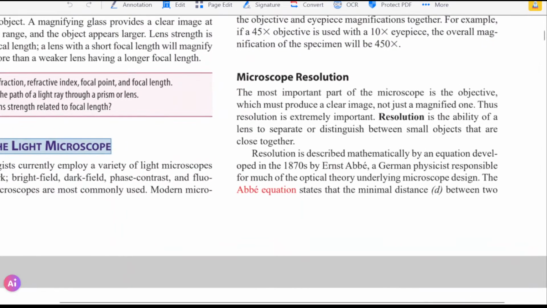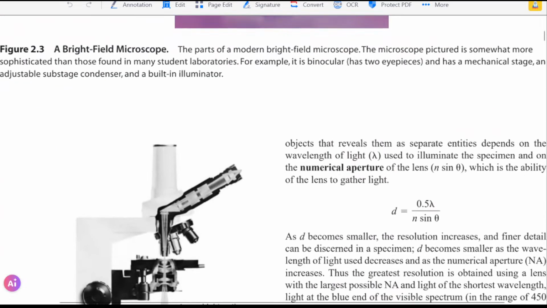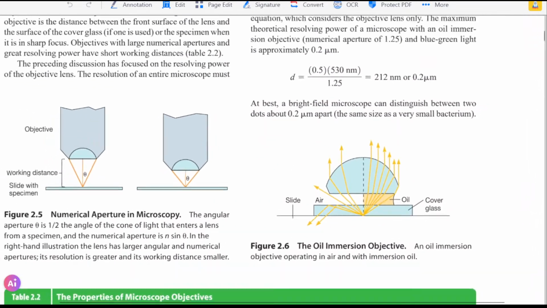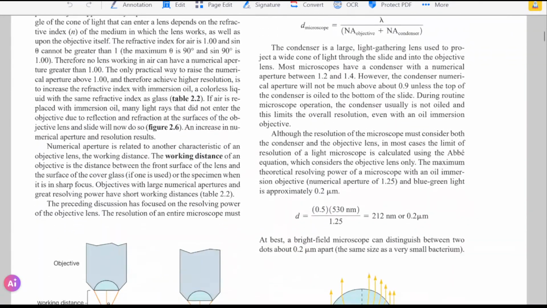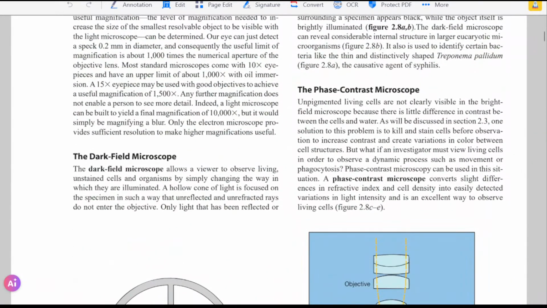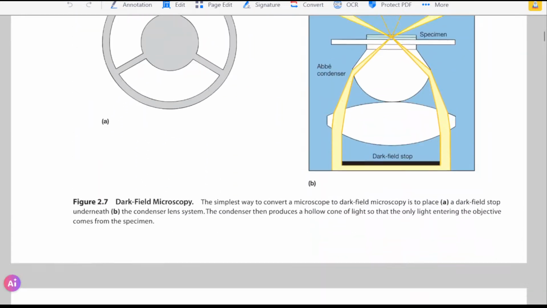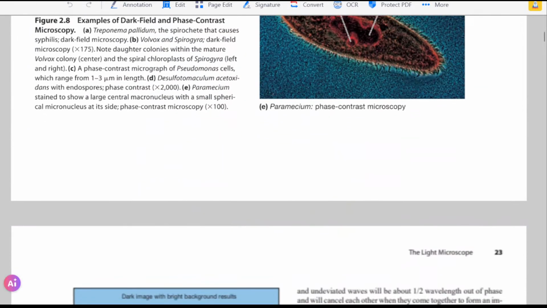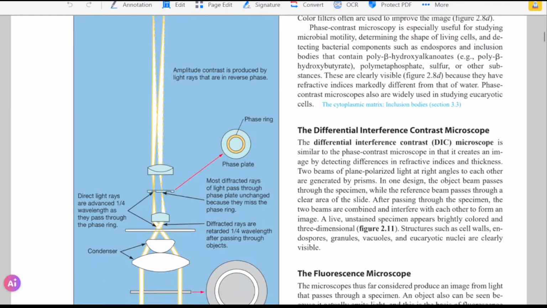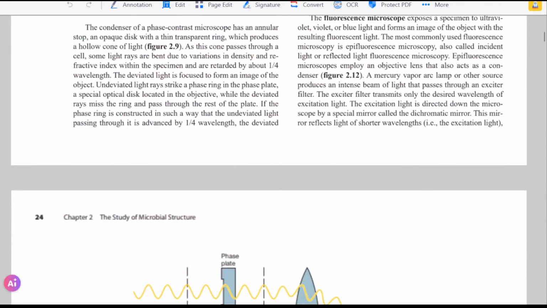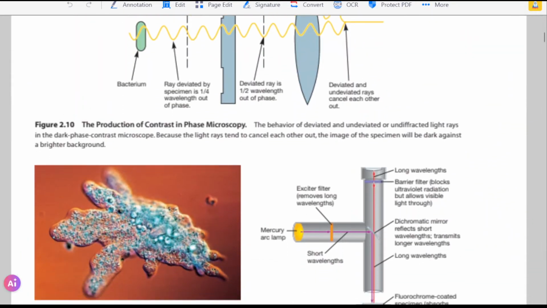So we study that first before going into the other types of microscope: the dark field microscope, the phase contrast microscope, and the fluorescence microscope.